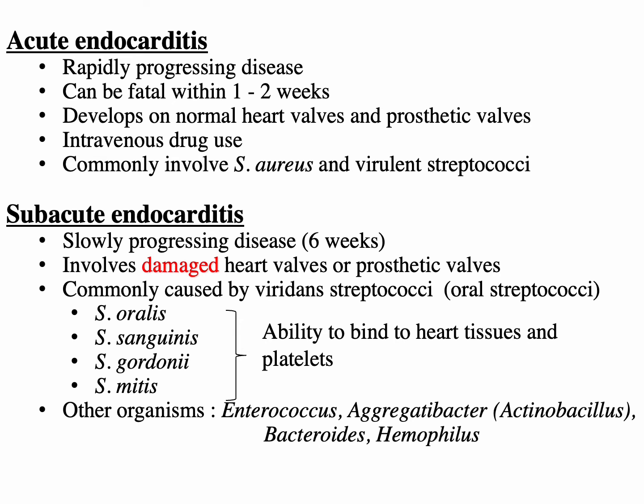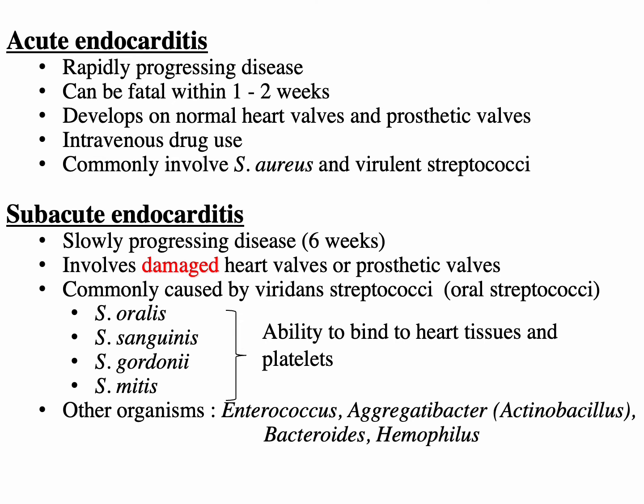Acute endocarditis can develop on normal heart valves or prosthetic valves. A prosthetic valve is a replacement heart valve that is not quite working properly, for example, it does not open and close properly, and that could be a condition for acute endocarditis. In subacute endocarditis, it almost always involves a damaged heart valve.